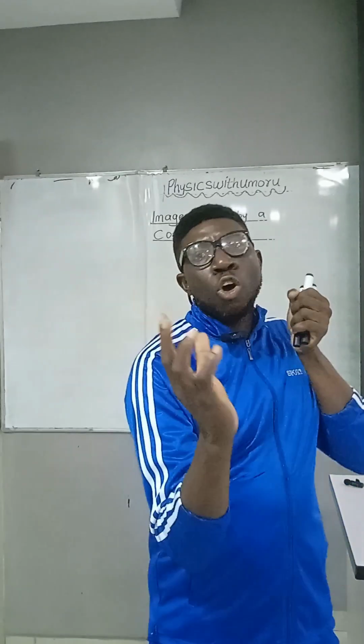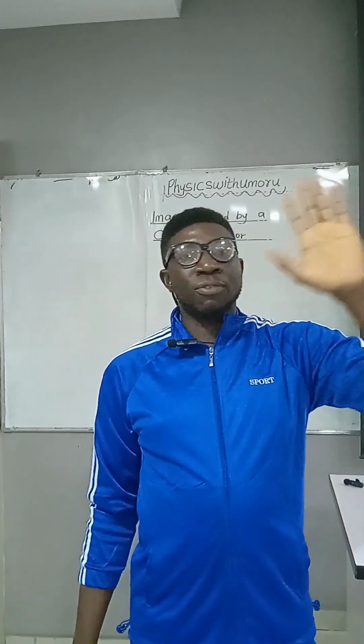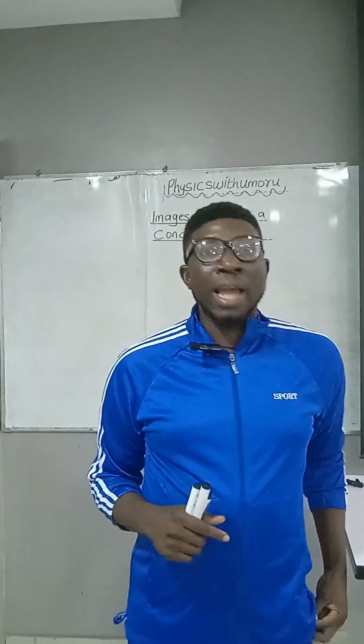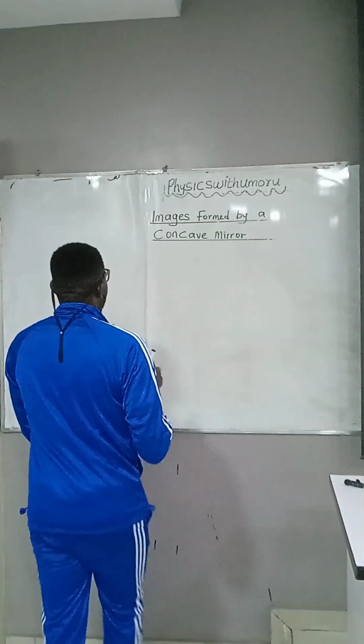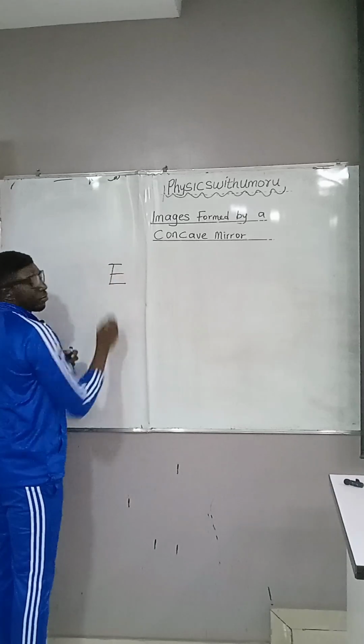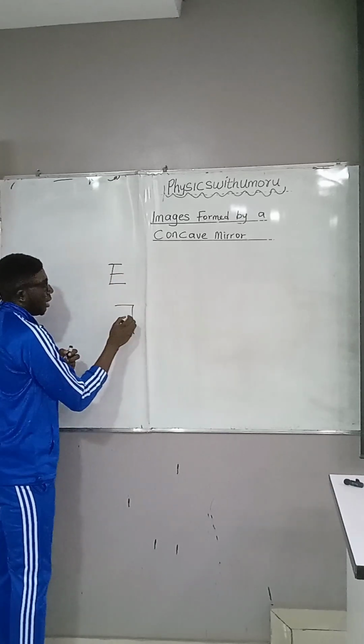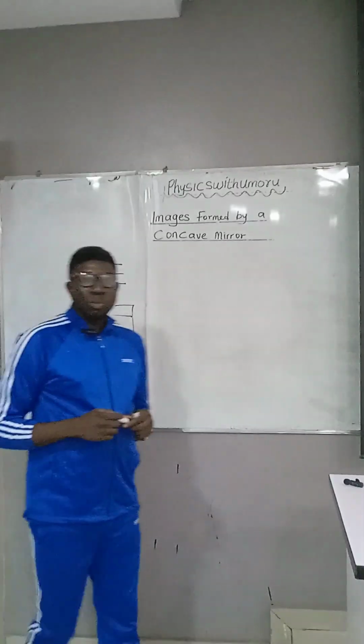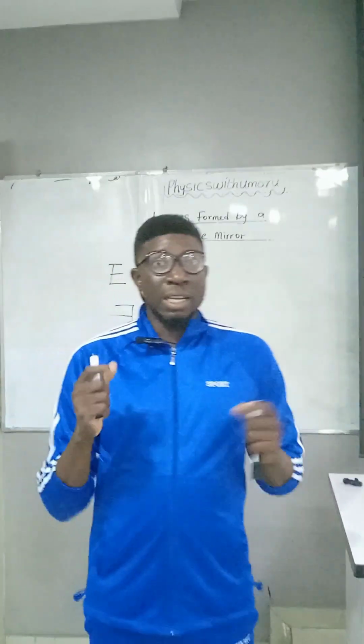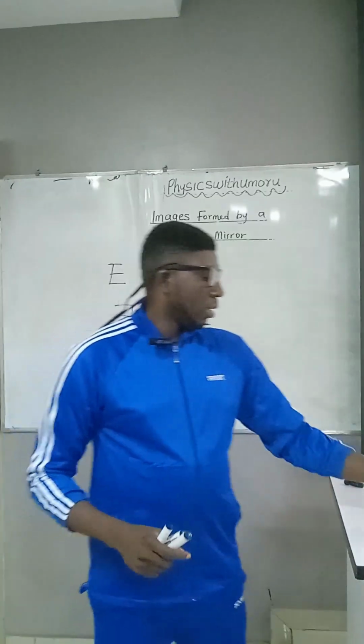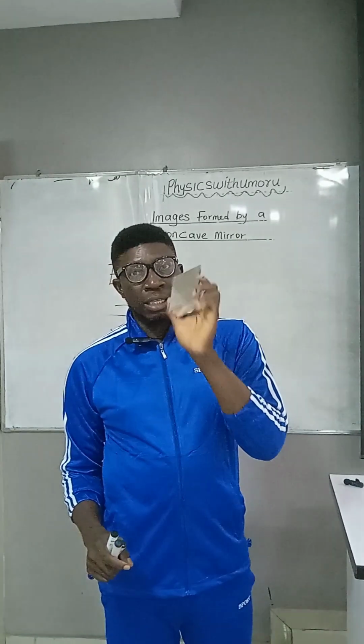This means that the image is turned always on the horizontal plane. For example, you notice that when you show your left hand in front of a plane mirror, it gives you the right. If you write something like this, the E, this is what we are going to see in the mirror, which means that the image is laterally inverted. So this is for the images formed by the plane mirror. They have their specific properties.